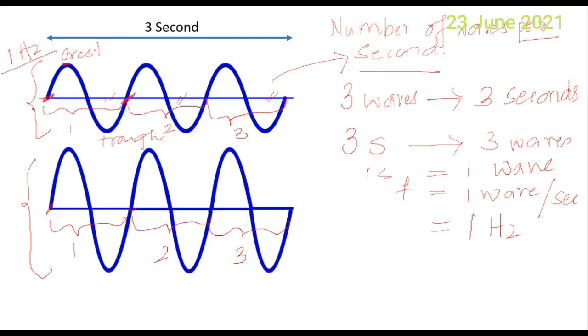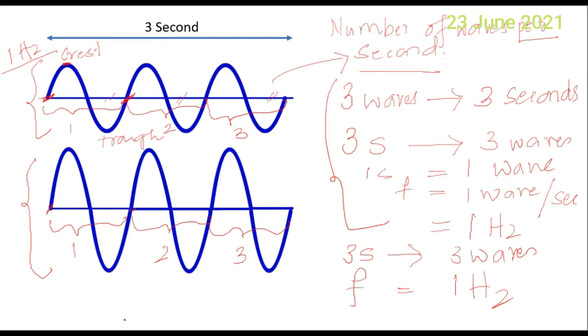It is just like the first wave, isn't it? Here 3 waves in 3 seconds, here also 3 waves in 3 seconds. Therefore frequency is simple, 1 hertz. Same repetition here.